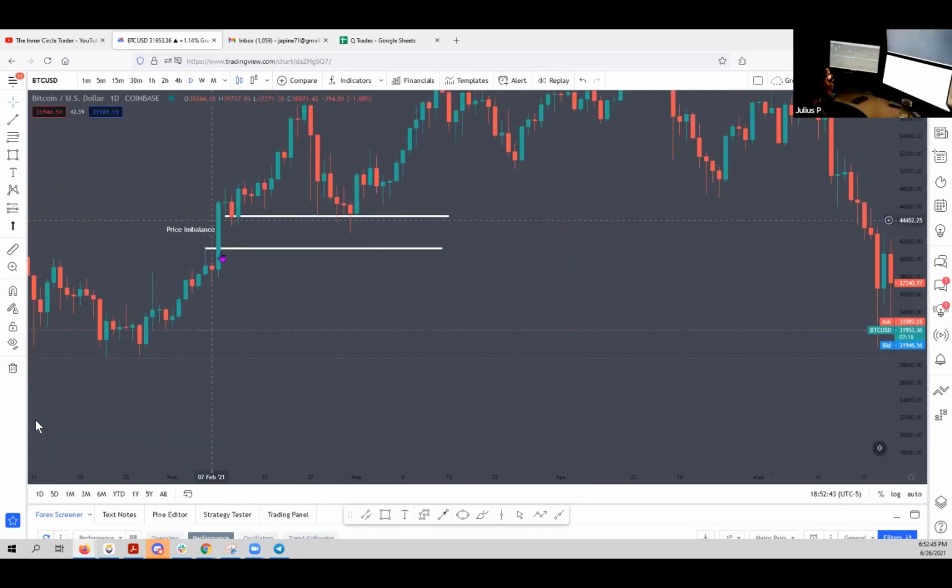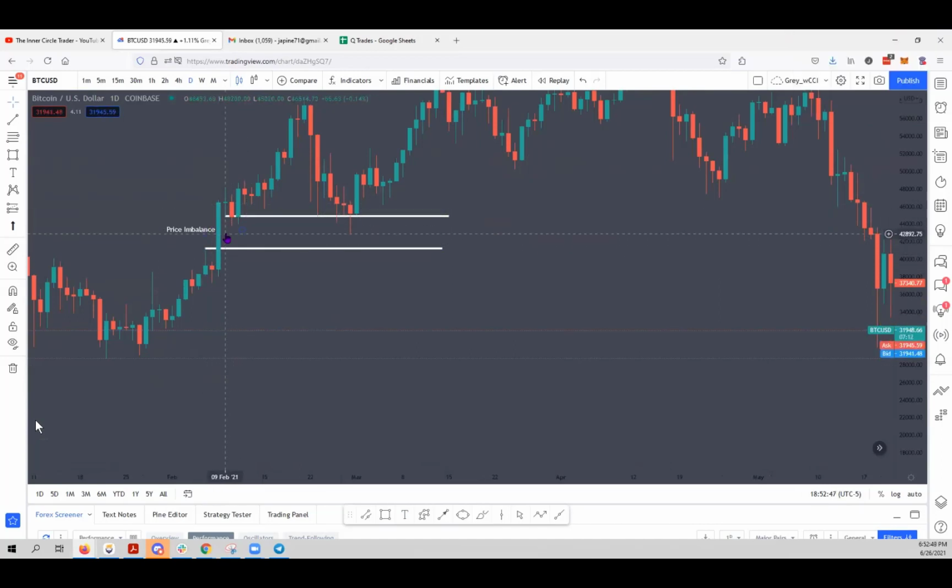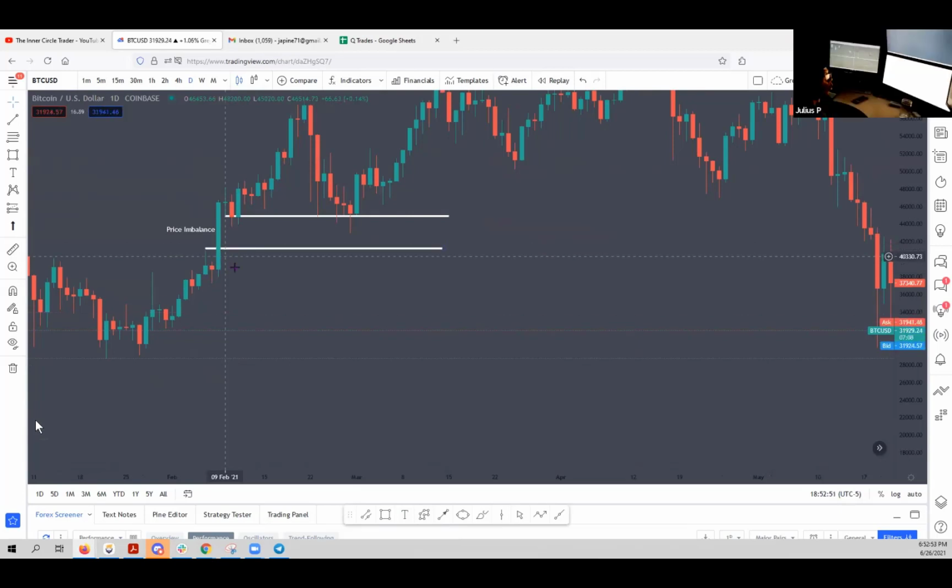So when this price imbalance hit, the market will seek efficiency. So it will go back down to this area in order to make the market efficient, in order to pair up buyers with sellers. And this is an area of heavy liquidity. There's a lot of money that was flowing in here for all buys.